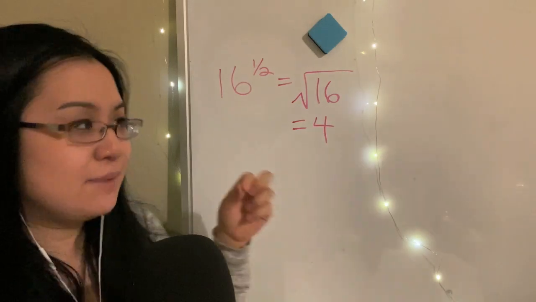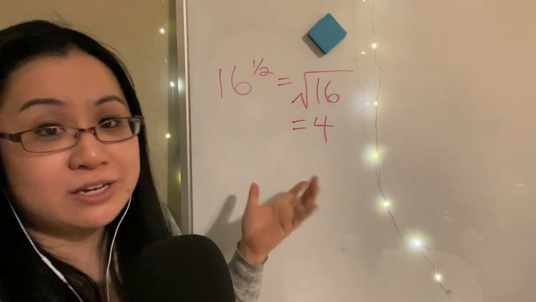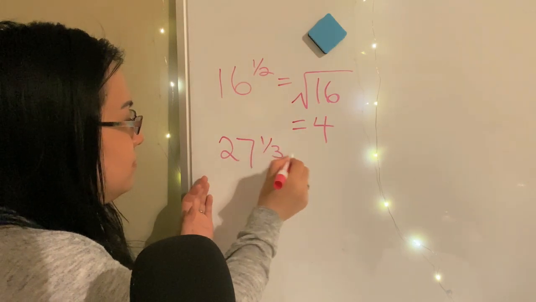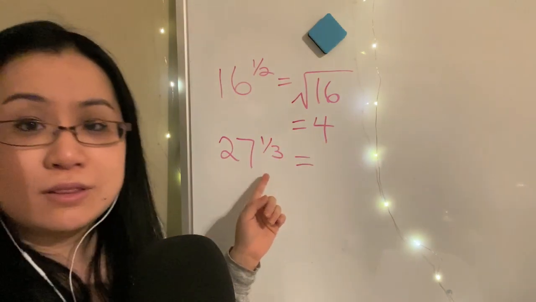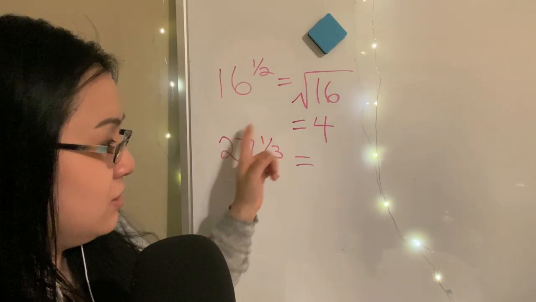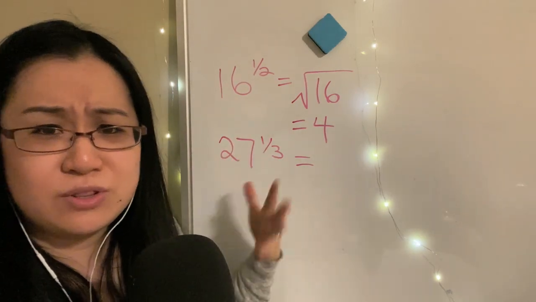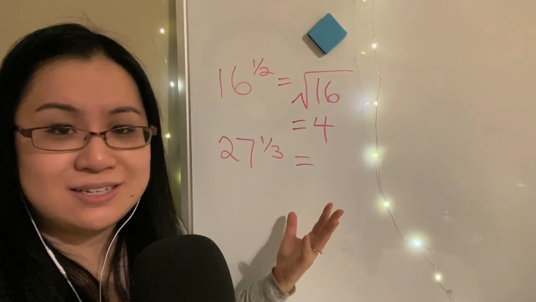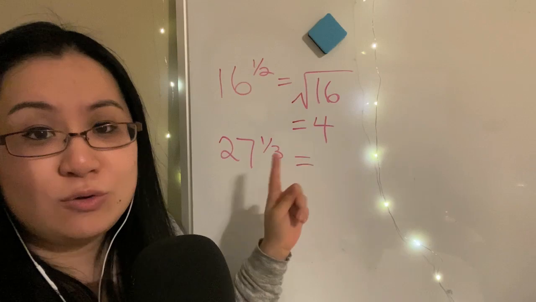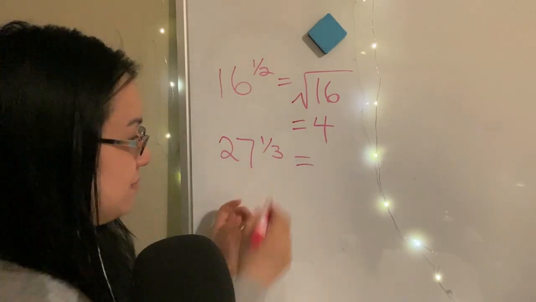Kind of undoes that. So let's look at that. Speaking of, 27 to the 1/3 means this thing times itself 1/3 times. That doesn't make sense. But by definition, this is going to be the cube root of 27.